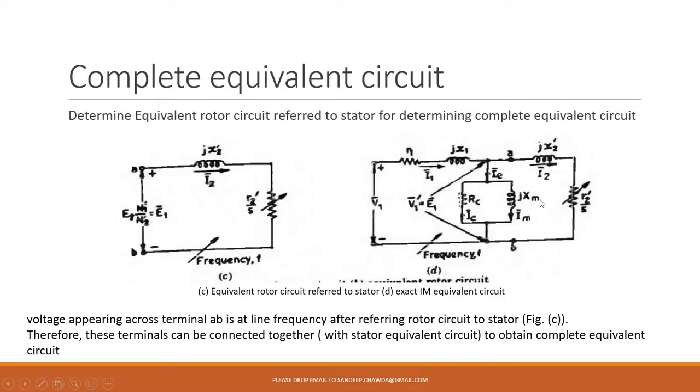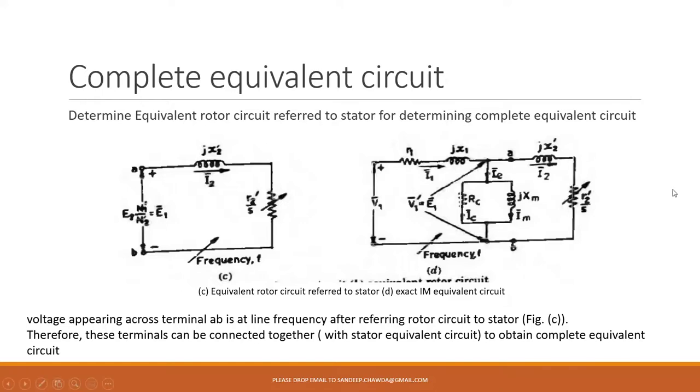So you are going to get this circuit. What would happen in this circuit, and what do you need to keep in mind? This circuit is completely drawn at the supply frequency, because all the parameters are referred to the stator side. This is an important point.